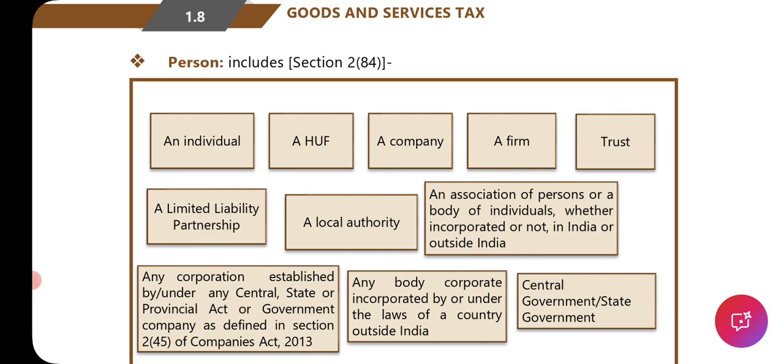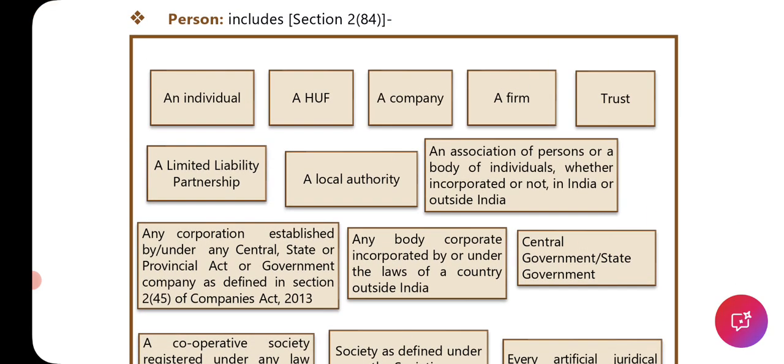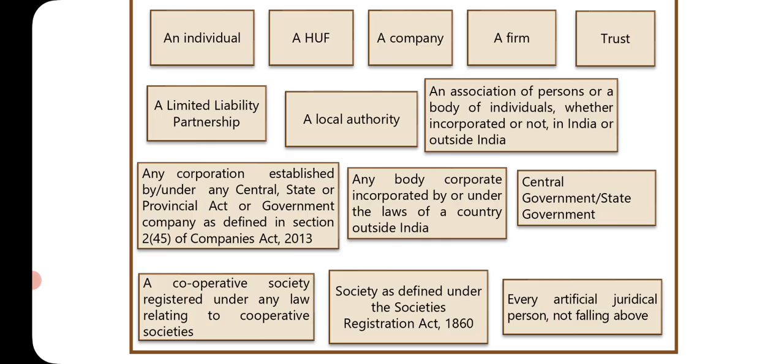Person, as in section 2 subsection 84, includes an individual, HUF, company, firm, trust, LLP, local authority, association of persons, body of individuals, whether incorporated or not, in India or outside India. Any corporation established by or under any central government or provincial Act, or a government company as defined in section 2(45) of the Companies Act.